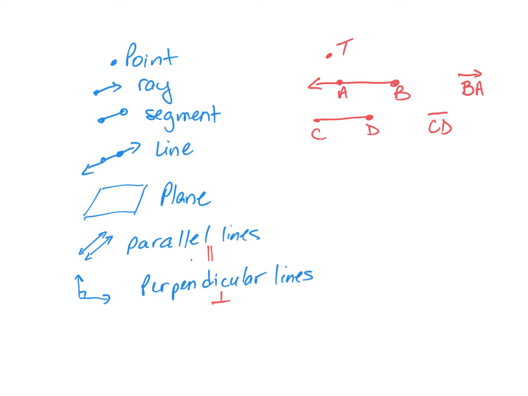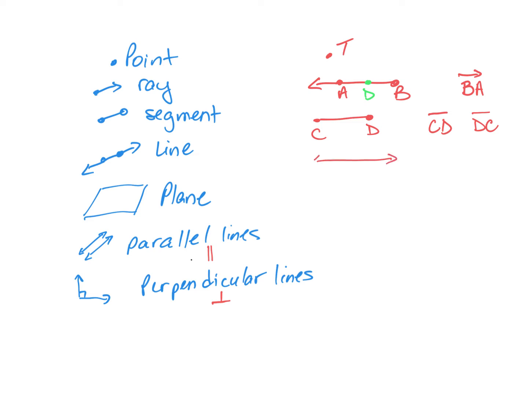But I cannot measure a ray. A ray goes to infinity and beyond, so I cannot measure a ray, okay? So this is going to be CD or DC. They're both good names. If this ray had another letter, D right here, then I could also name this ray what?